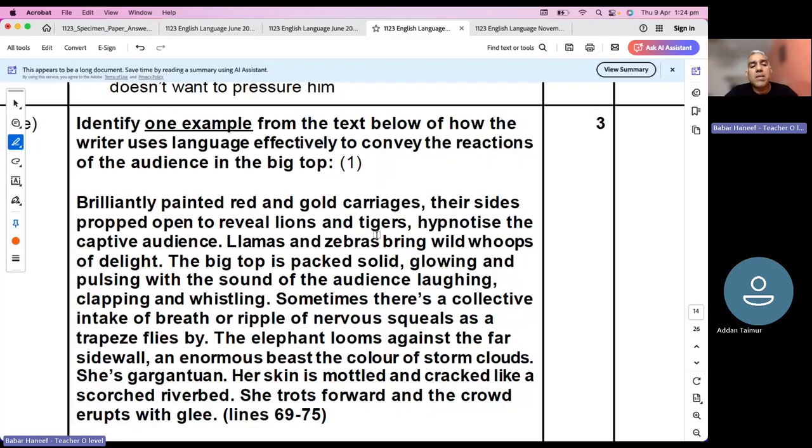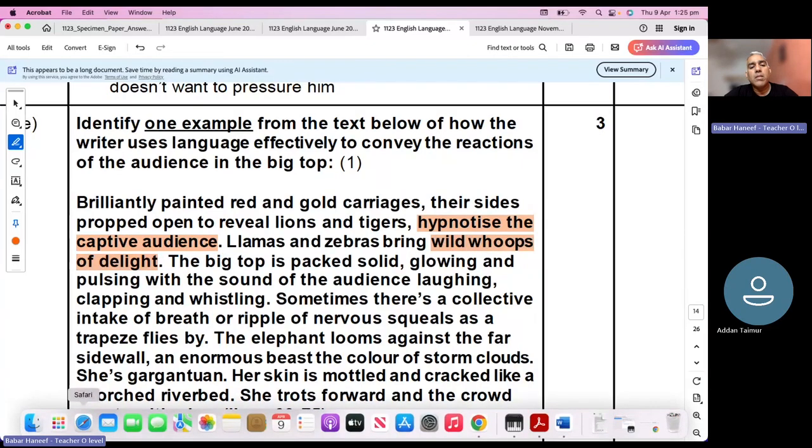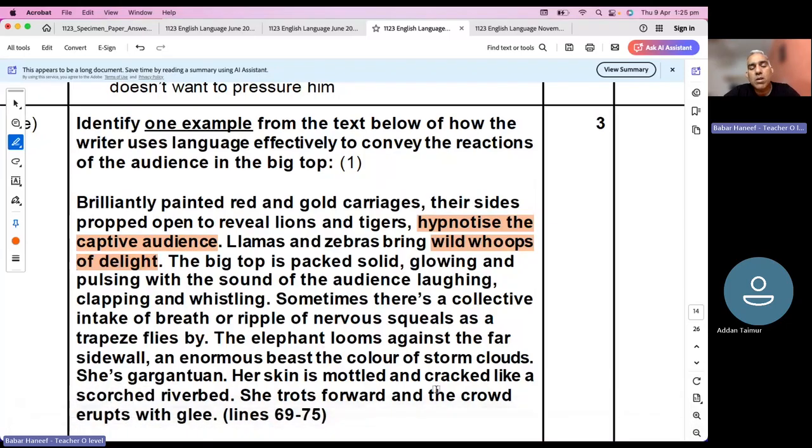hypnotize the captive audience. Llamas and zebras bringing wild whoops of delight. The big top is packed solid, glowing and pulsing with the sound of audience laughing, clapping and whistling.